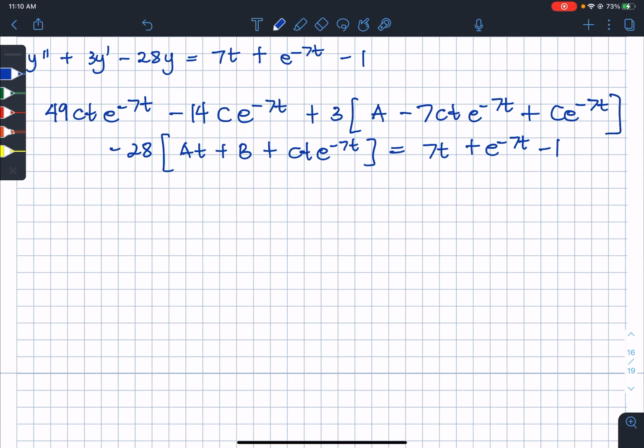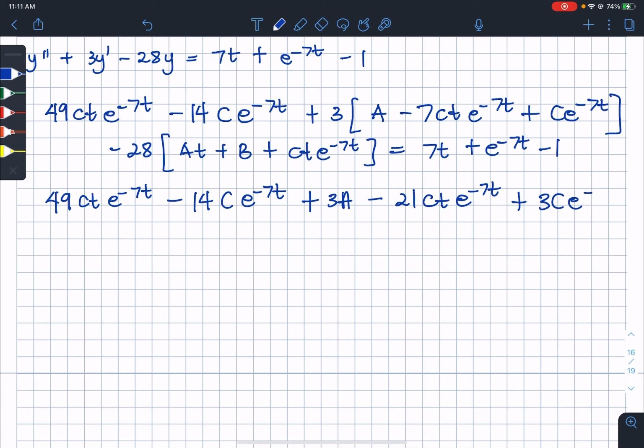Simplifying. So 49ct e negative 7t minus 14c e negative 7t plus 3a minus 21ct e negative 7t plus 3c e negative 7t minus 28at minus 28b minus 28ct e negative 7t is equal to 7t plus e negative 7t minus 1.